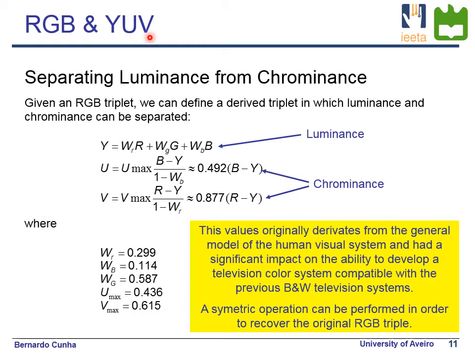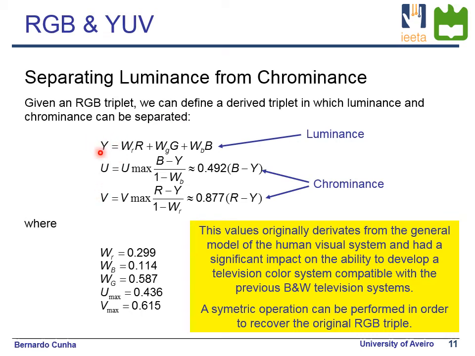In fact, there are several ways of representing what we call color spaces. There are different ways of representing luminance and chrominance. From the RGB triplet, which is quite common because normally we define images, in particular in computer graphics, by using RGB, we can obtain another triplet, YUV, in which luminance and chrominance can be separated by these three equations.